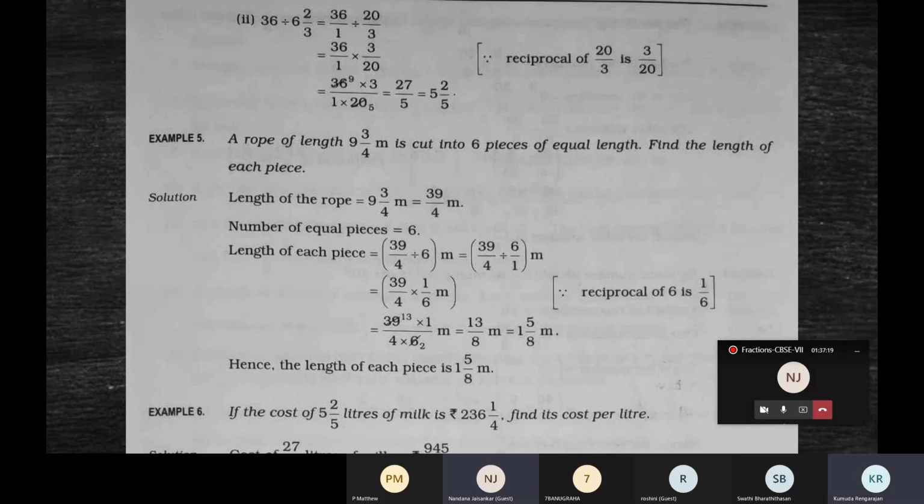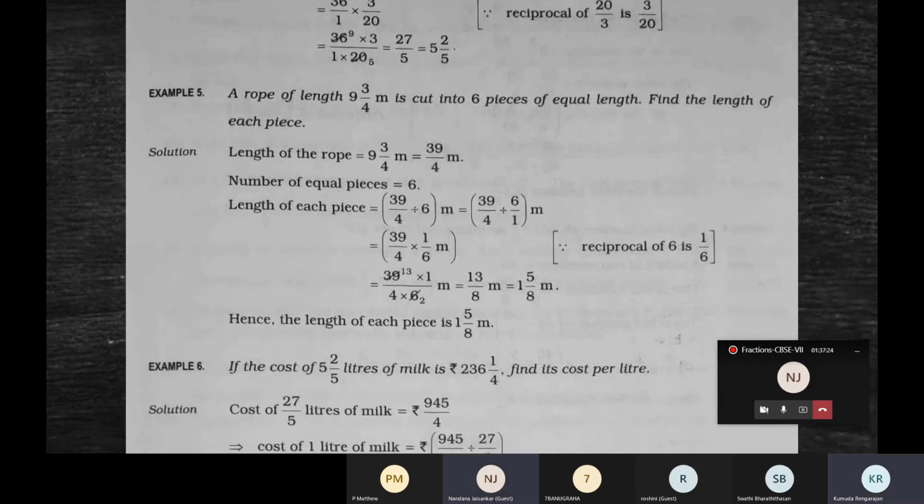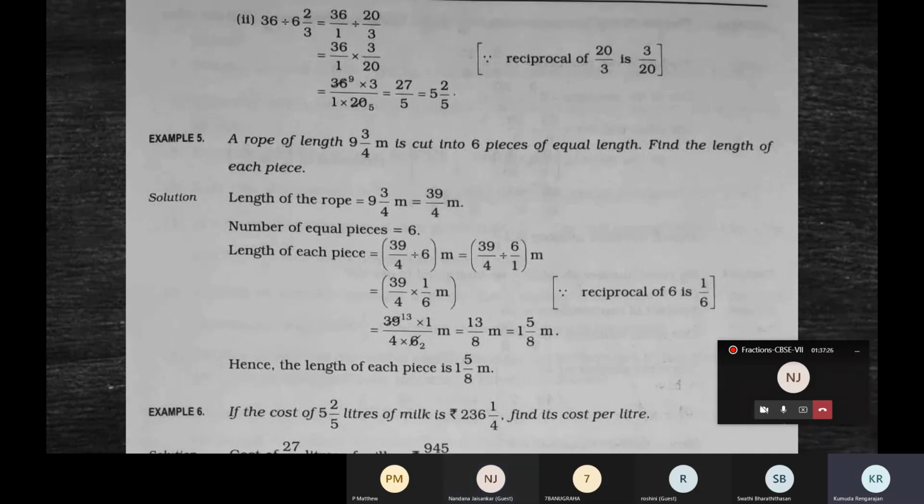Yes, 945/4. Yeah, very good. 945/4. And what about 5 2/5? 27/5. Now you need to write, in which fraction should you write first?